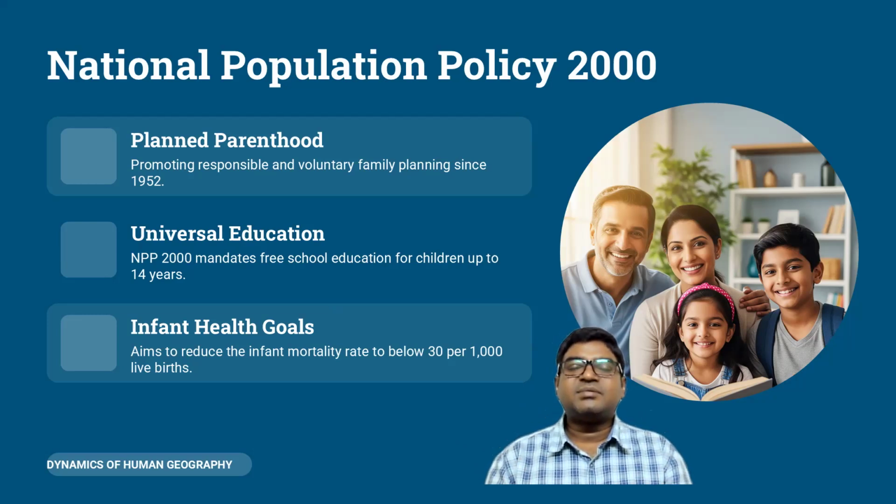This started seriously in 1952, but efforts were made once again to reinforce it in the minds of the people after the year 2000, to ensure all children below the age of 14 get compulsory education so that they are aware of the issues happening with the population around the country and across the globe.